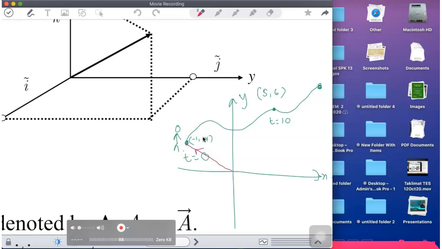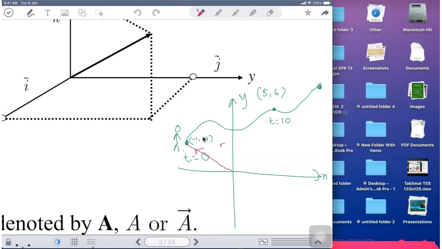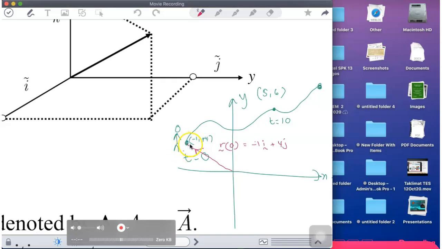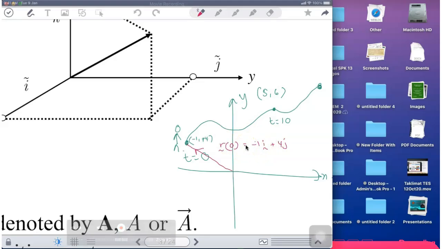Now let's say I put r. The r is the position vector when t equals 0, given by -1i + 4j, and so this is the point (-1, 4). When you want to represent it in vector form, we call this a position vector, the vector that tells you where your position is for a specific t.